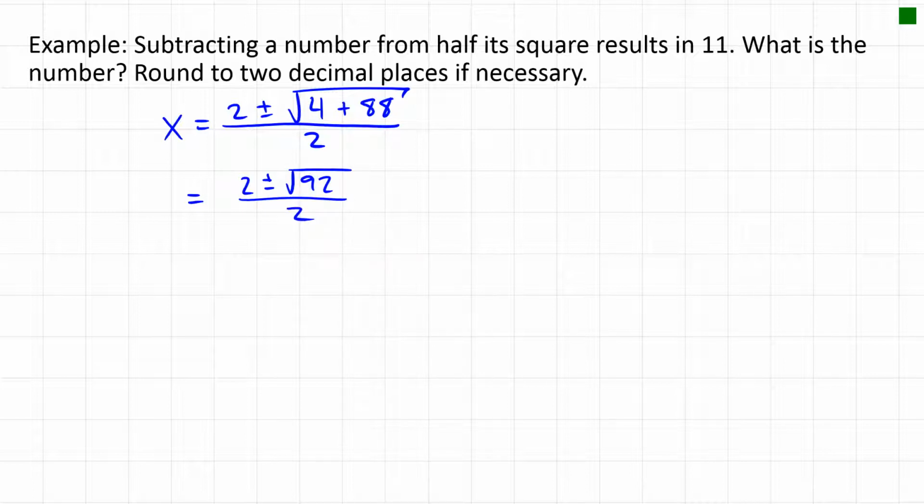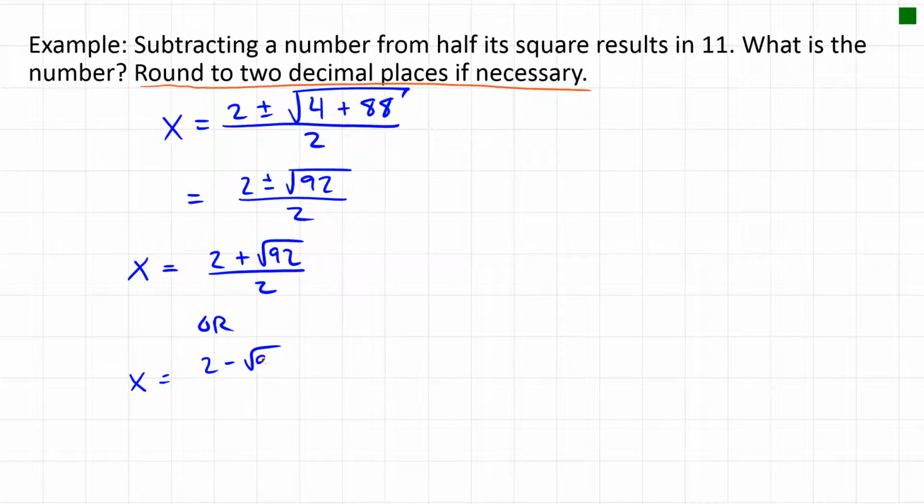Now there's a good chance that I can simplify that square root of 92, but because the question just asks for an answer rounded to 2 decimal places, I'm not going to take the time to find that simplest answer. Instead, I'm just going to evaluate this using my calculator, as x is equal to 2 plus the square root of 92 over 2, or x is equal to 2 minus the square root of 92 over 2.